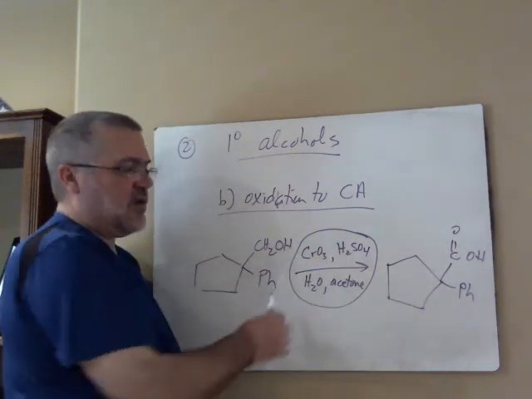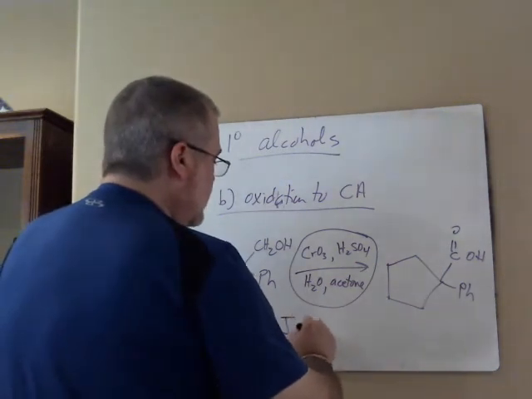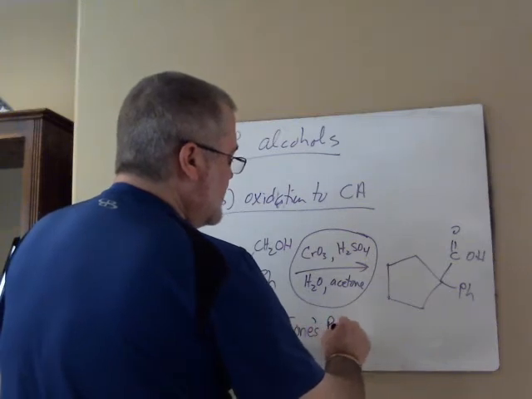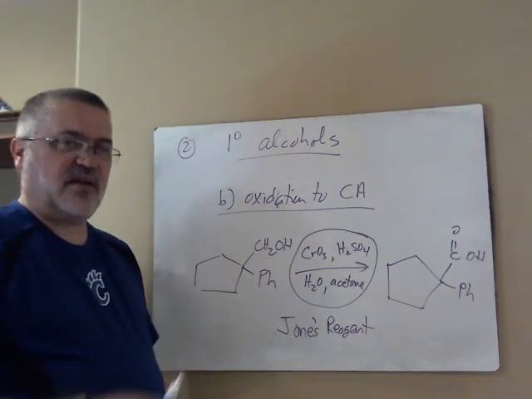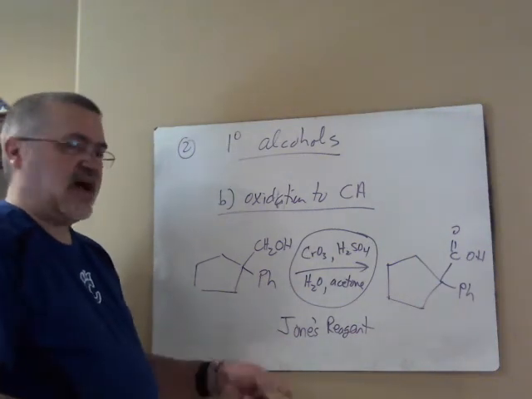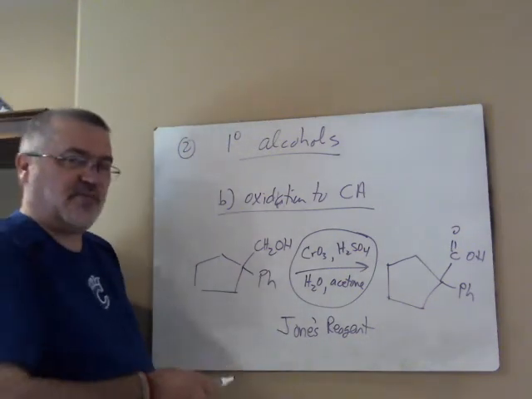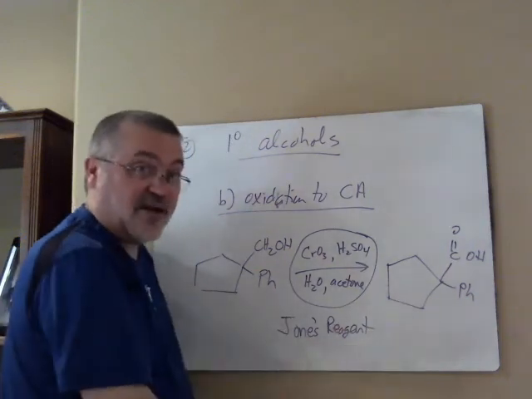This list of reagents was actually discovered by somebody named Jones. And so we call it Jones's reagent. Okay? Because back then they used to name reactions after the people that discovered them. And so Jones's reagent, believe it or not, you can write this on the arrow. You can just write Jones's reagent.